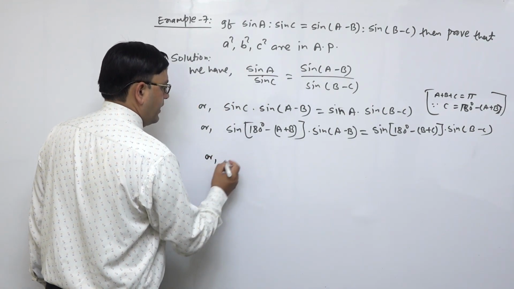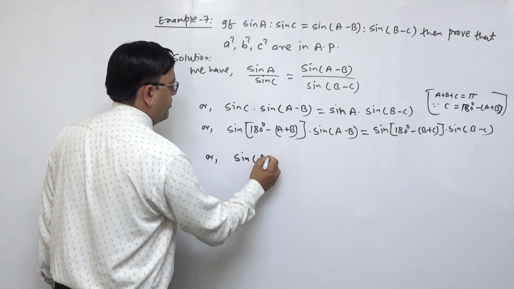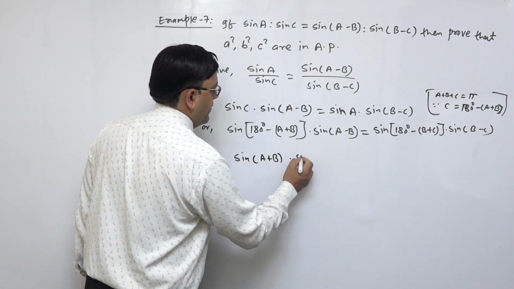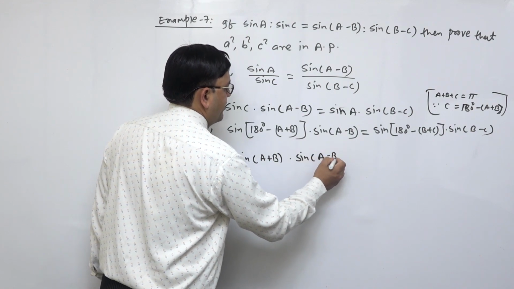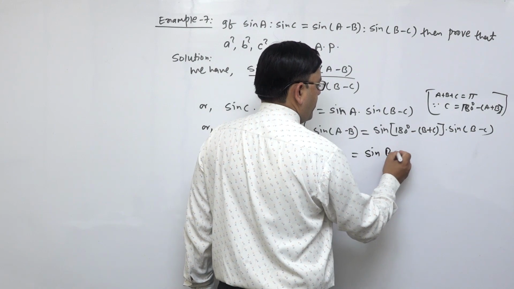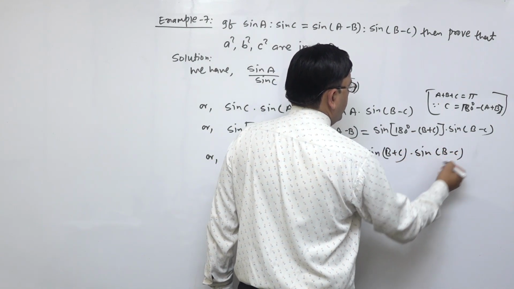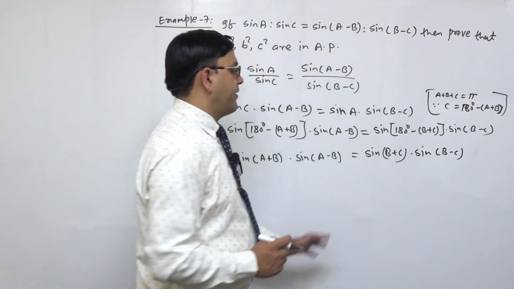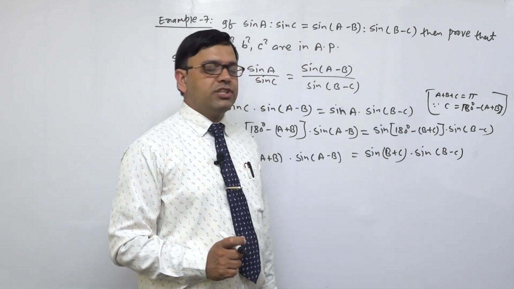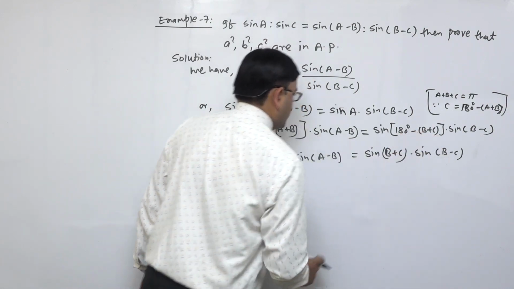Or we can write sin(A plus B) times sin(A minus B) is equal to sin(B plus C) times sin(B minus C), because sin(180 minus A) is sin A. Sin A is positive in the second quadrant.